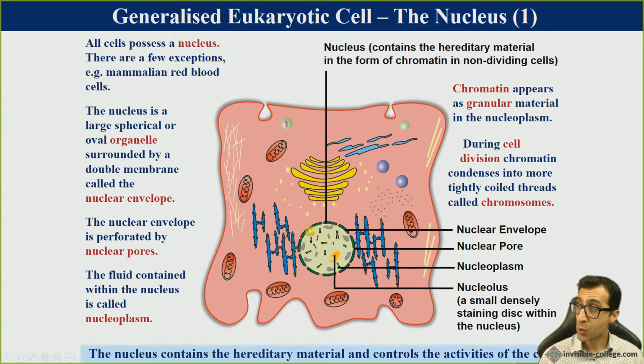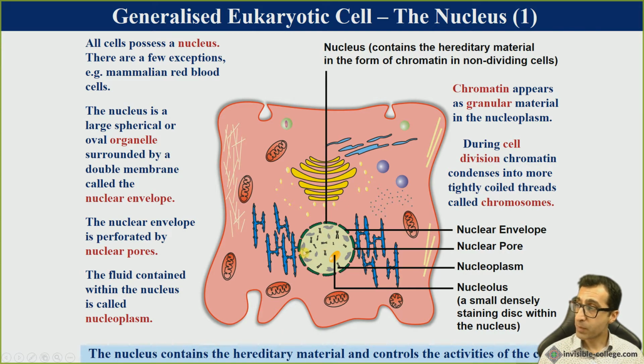These pores will open and close to allow messenger RNA to leave the nucleus and enter the cytoplasm, where it can undergo translation by ribosomes. You can also see here that the external surface of the nuclear envelope is actually continuous with the rough endoplasmic reticulum, and like the rough endoplasmic reticulum, you also find ribosomes dotted along the outer surface of the nuclear envelope.